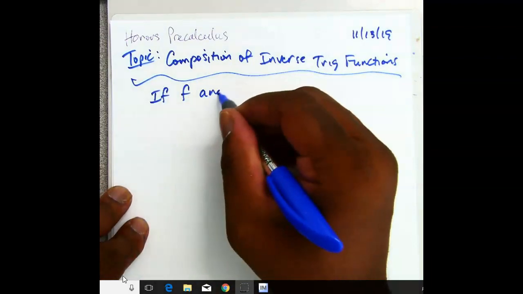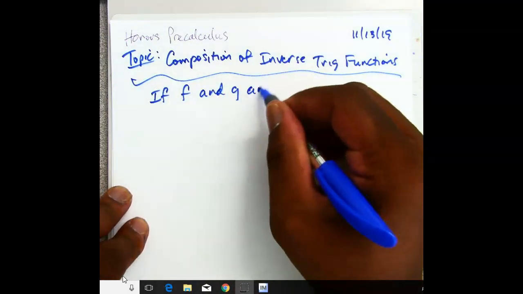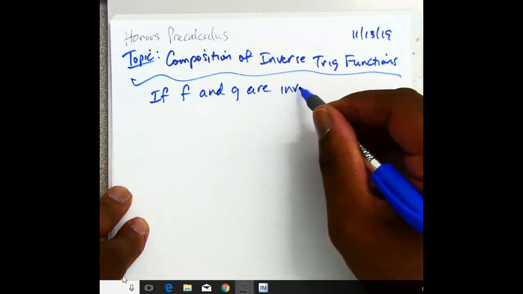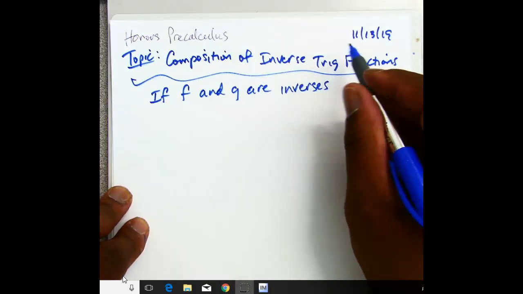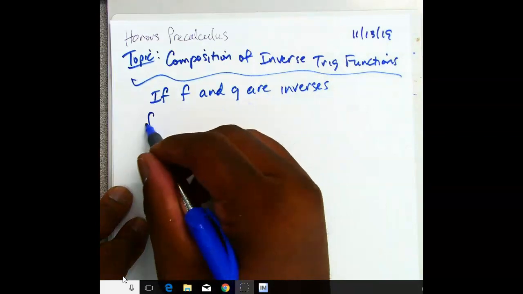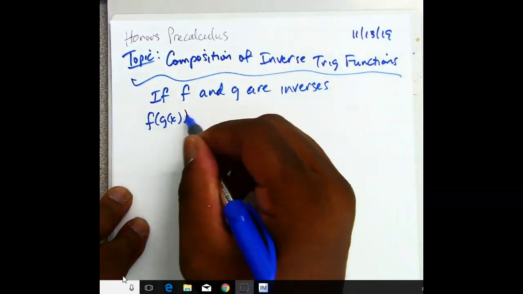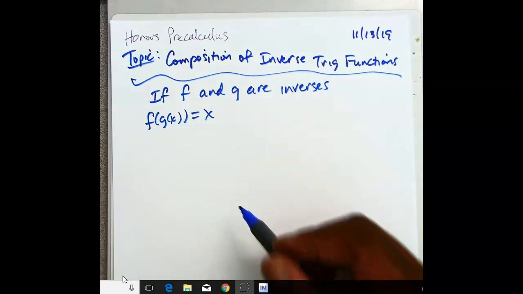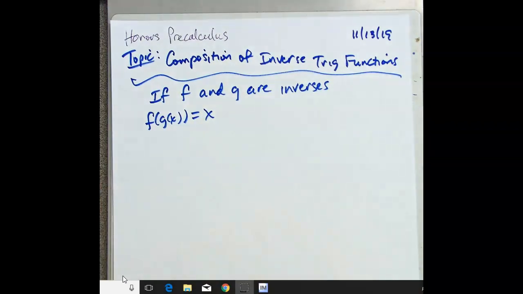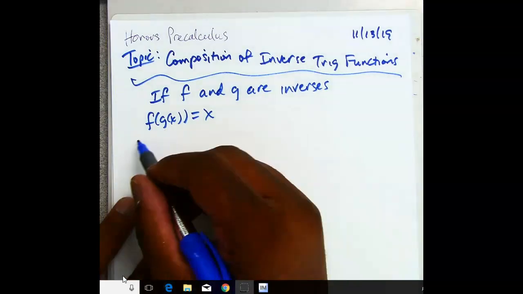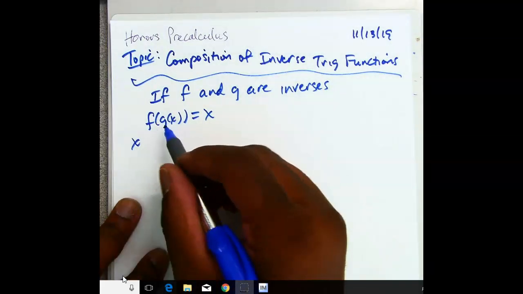If f and g are inverses, then we know that f of g of x is equal to x. But that's only provided that x must be in the domain of g.